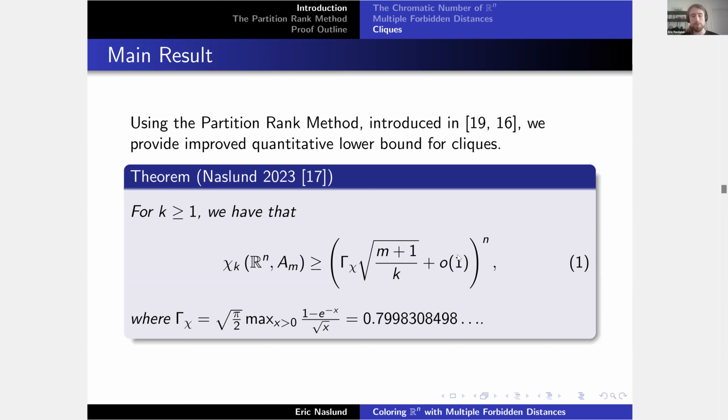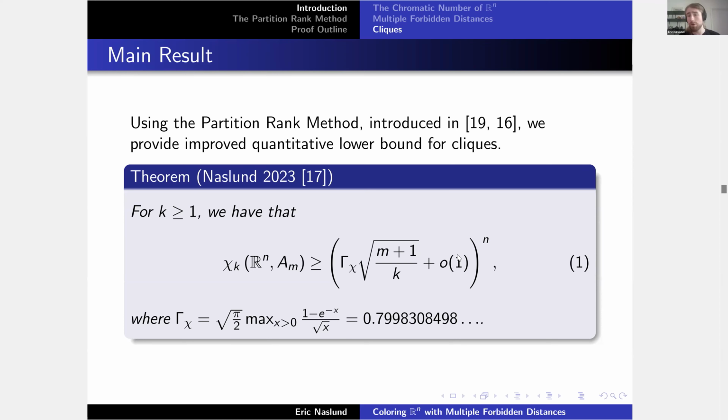So this is maybe a little bit surprising that the growth rate in k is not too severe, because some of the other methods to get bounds with higher cliques end up really hurting the quantitative bounds. In fact, the exact same method will give this, whereas the other method uses the polynomial method. Here it's the partition rank method, which is a kind of higher dimensional polynomial method.